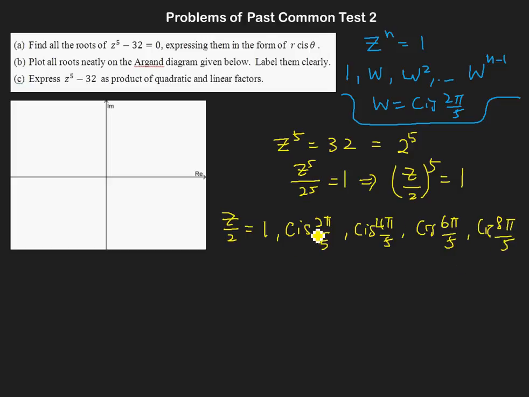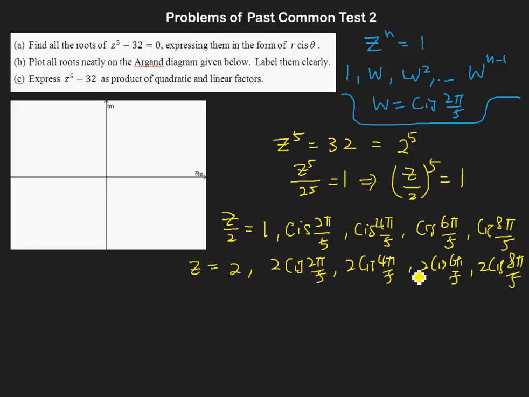Of course we want to solve for z, so z is 2, then 2 times 2 pi over 5, 2 times 4 pi over 5, 2 times 6 pi over 5, and the last one, 2 times 8 pi over 5.